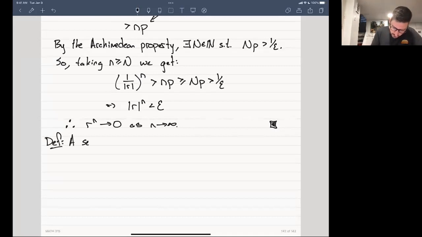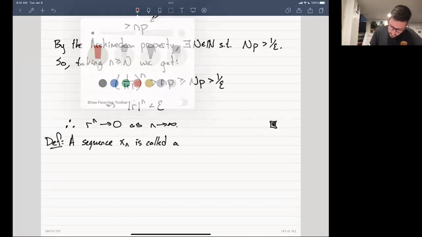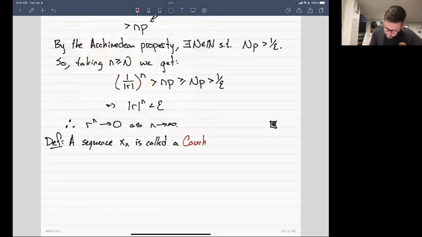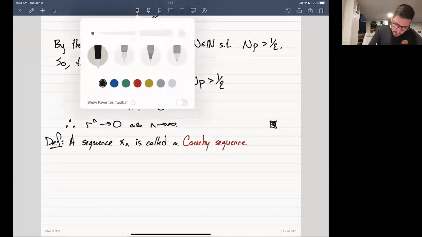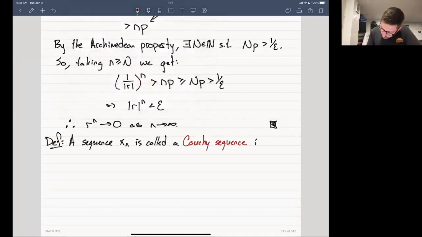So we say a sequence xn is called, we'll put it in red because it's a definition, a Cauchy sequence. So it's named after the mathematician Cauchy. If and only if for all epsilon greater than 0, so I'm using the upside down A, this means for all, this is just mathematical shorthand.